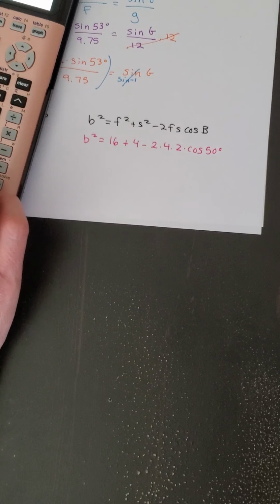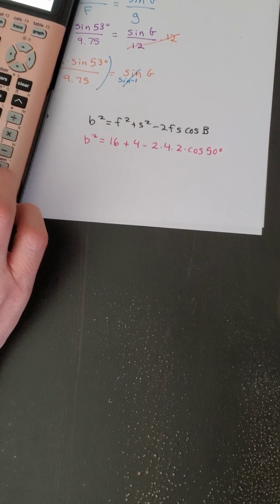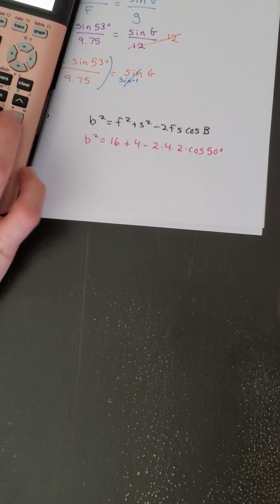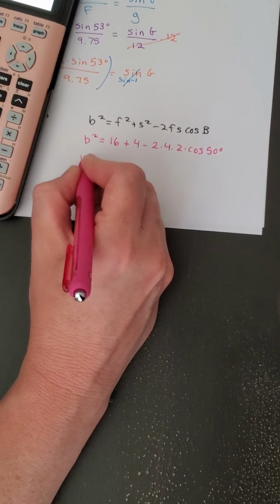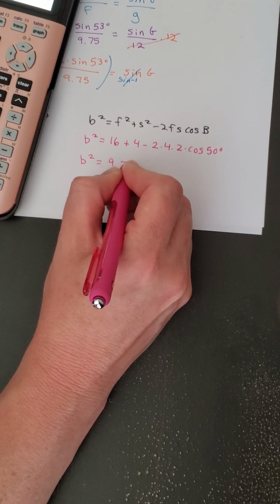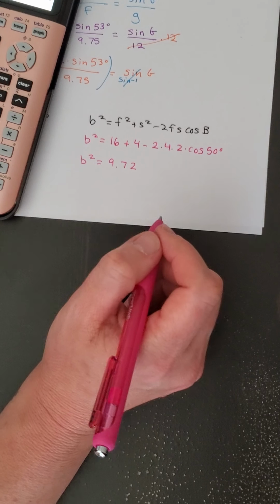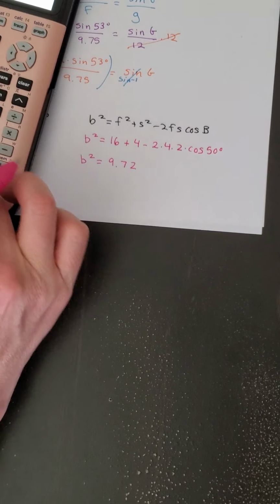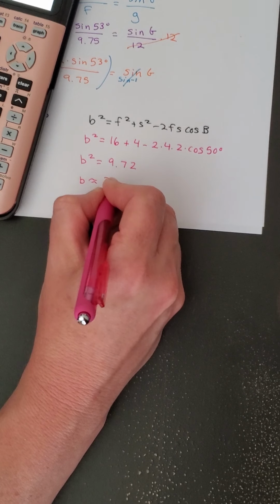Okay. So 16 plus 4 minus 2 times 4 times 2 times cosine 50. That's 9.71. b squared equals 9.715, so about 9.72. And then I'll square root my answer. And I get that b is about 3.12.